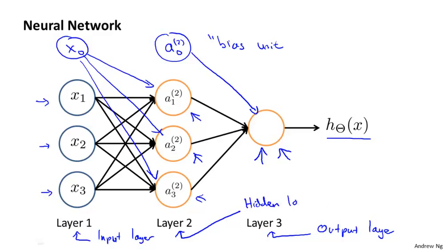The term hidden layer isn't a great terminology, but the intuition is that in supervised learning, you get to see the inputs and you get to see the correct outputs, whereas the hidden layer values you don't get to observe in the training set. So if it's not x, and it's not y, we call those hidden. And later on, we'll see neural networks with more than one hidden layer. But in this example, we have one input layer, layer 1, one hidden layer, layer 2, and one output layer, layer 3. But basically, anything that isn't an input layer and isn't an output layer is called a hidden layer.